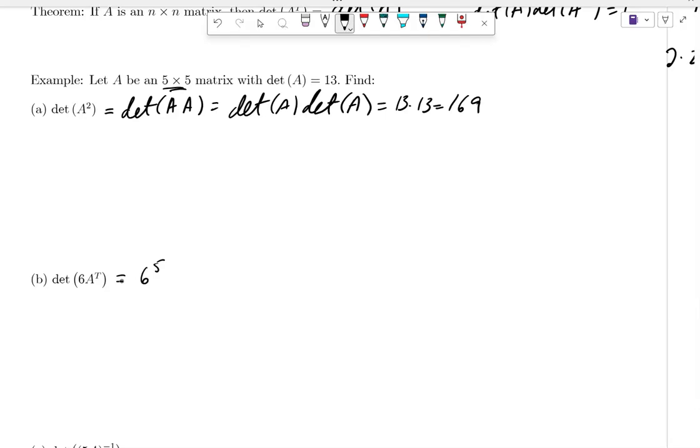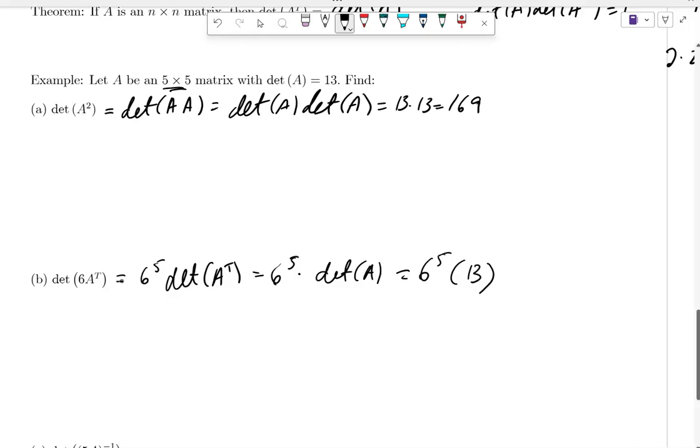Okay, I've got to pull that 6 out of every single row. There's 5 of them, right? And just a second ago, what did we say the determinant of a transpose is? Same, good. So this is 6 to the 5th times the determinant of A. So you get 6 to the 5th times 13, and I'm not doing it in my head. So that's what a calculator's for. That part okay?